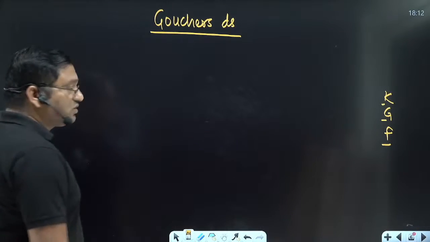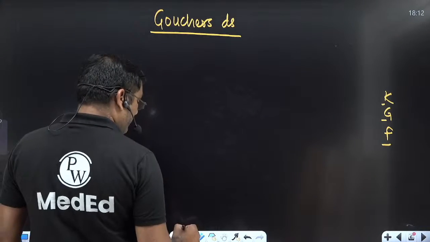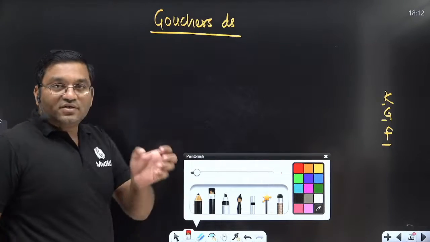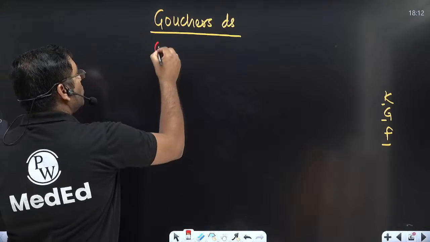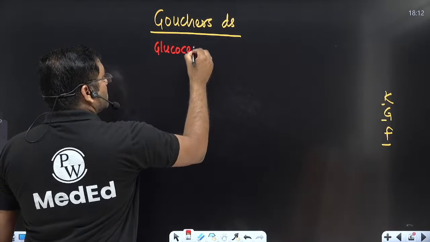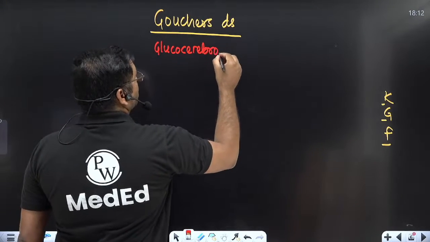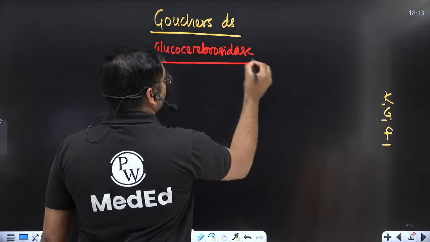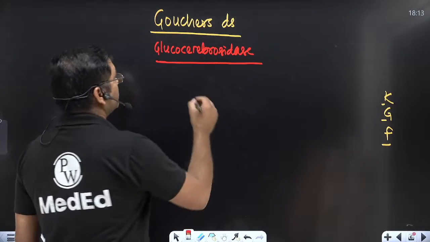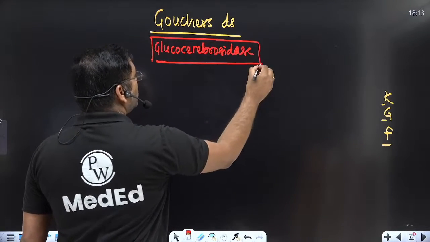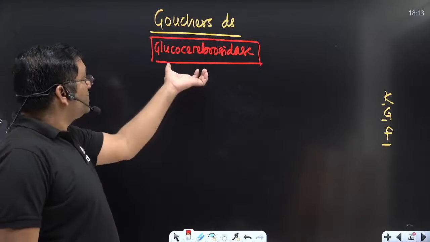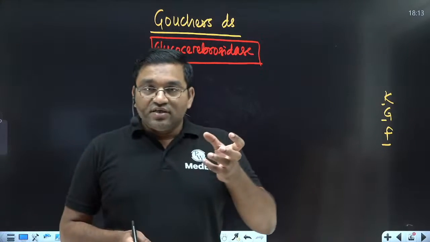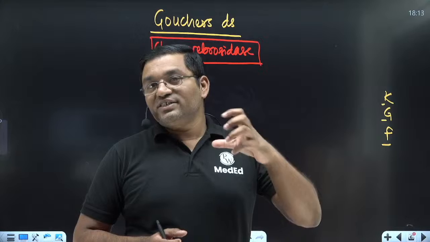So see, Gaucher's disease is due to a defective enzyme. The name of the enzyme is glucocerebrosidase. There is a defect in the glucocerebrosidase GBA gene, due to which the degradation of glucocerebroside does not occur.